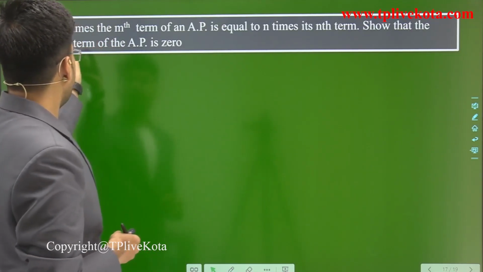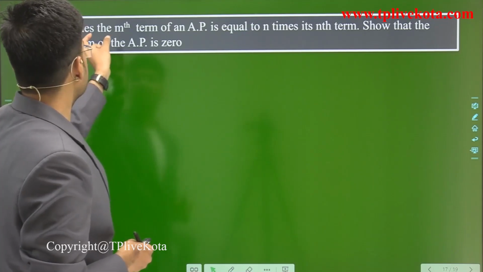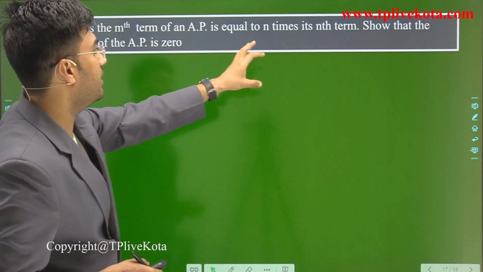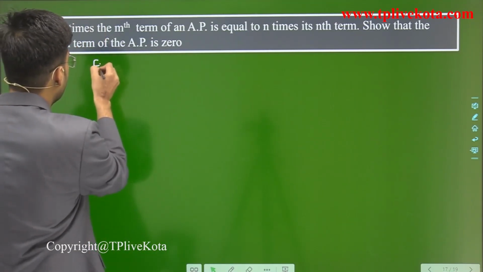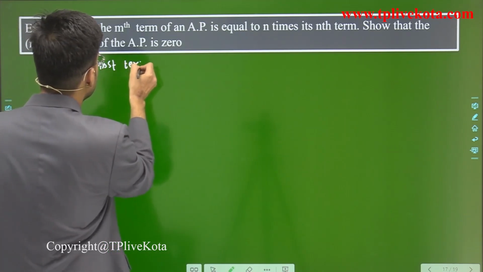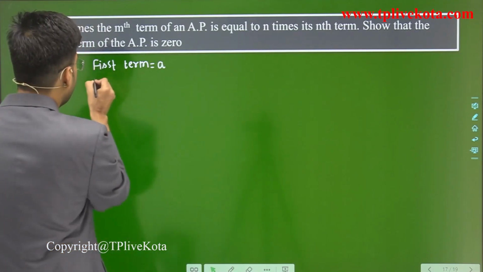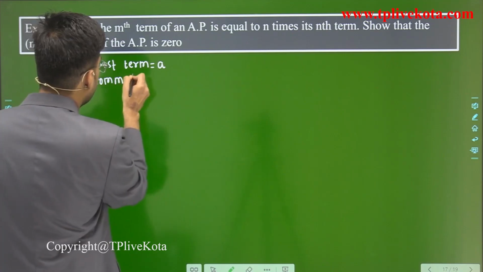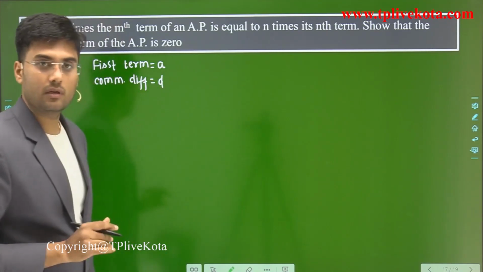Next is: if m times the mth term of an AP is equal to n times the nth term. So first of all, the first term is A and the common difference is D. Clear?